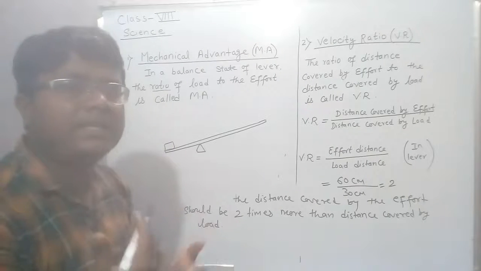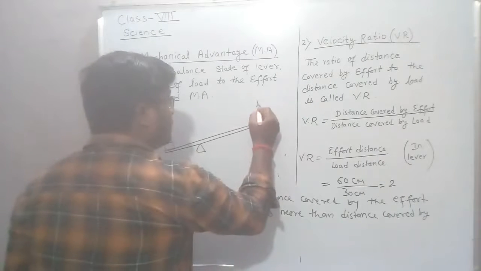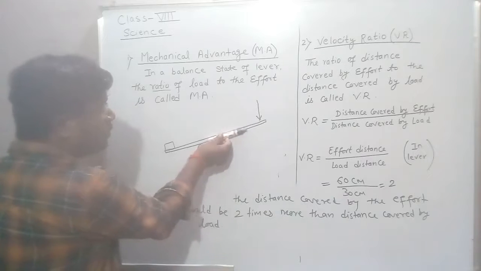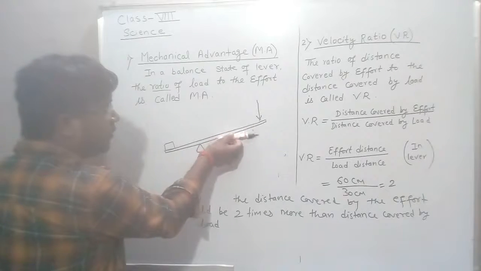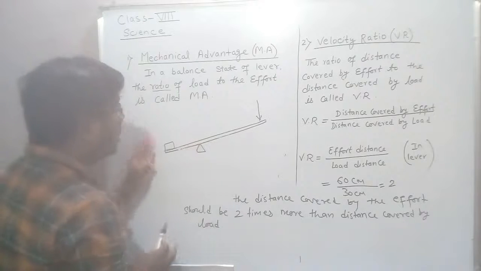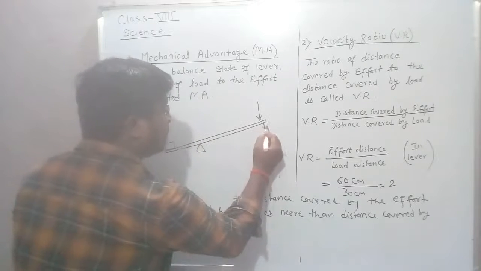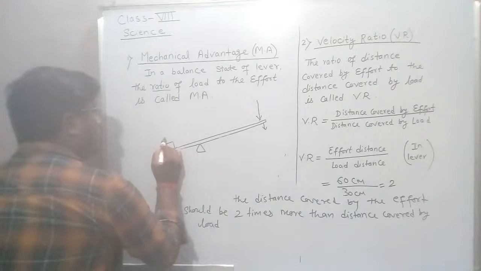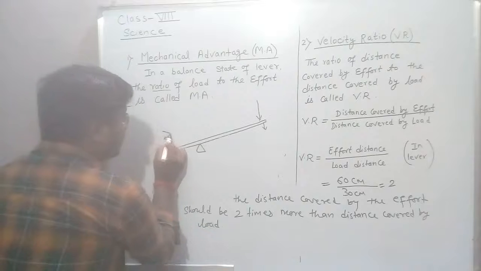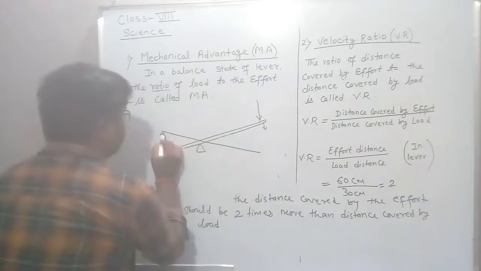If you apply some effort here, this lever will move a little downwards because you are applying your effort, and the load will be lifted a little upward. Suppose the final position is this.